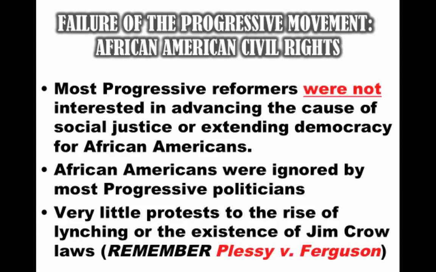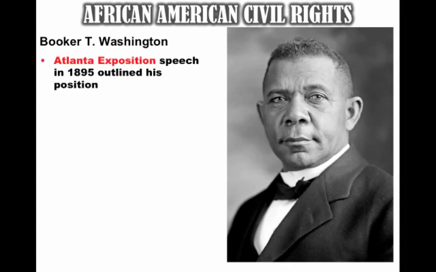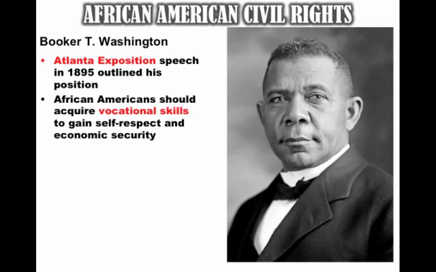And so an important thing to keep in mind, since African Americans lack mass support from the progressives, they're going to advocate for themselves. And there's a couple of different people that you need to be aware about. We've already met Booker T, but a quick review never hurt anybody. Remember in 1895, Washington gives his Atlanta Exposition speech in which he outlines his vision. And really that vision was African Americans should acquire vocational skills to gain self-respect and economic security.